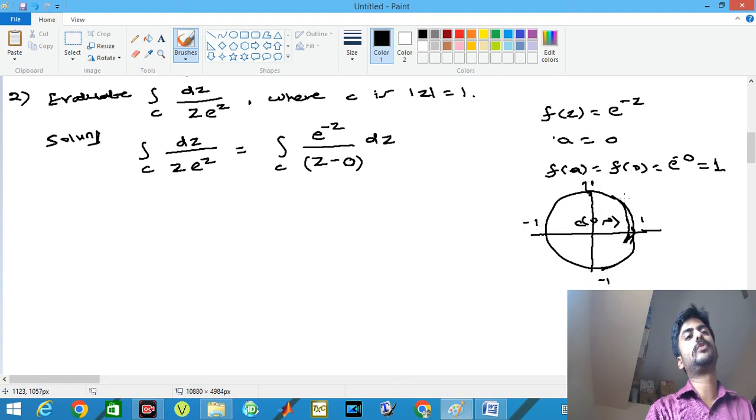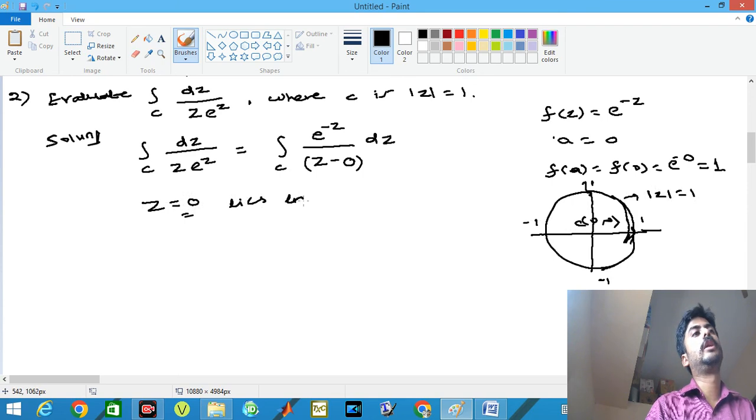This circle is modulus of z equal to 1, and z minus a equal to 0 gives z equal to 0, which also lies inside modulus of z equal to 1.